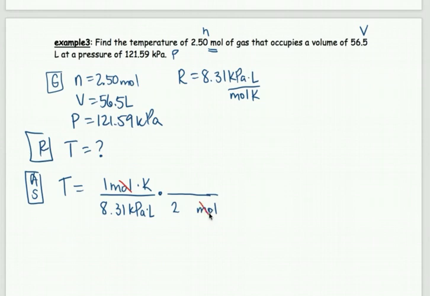So they'll cancel out the moles here, but not the 2.50 part. I can kind of do this in pieces if you want. So the moles is gone. The kelvins, where will those go? Oh, no, we want to keep those. The kilopascals, we want to get rid of those, so we're going to stack the pressure up here.